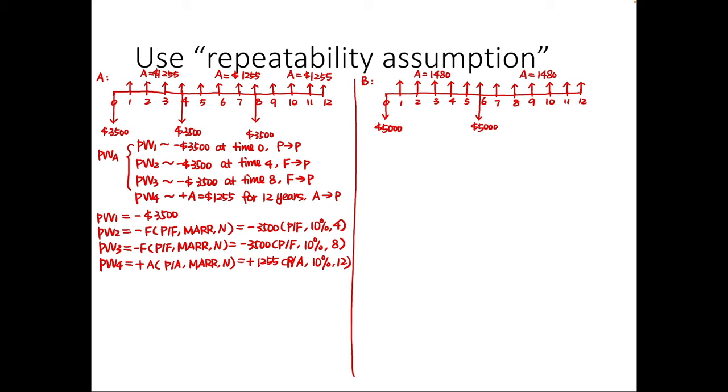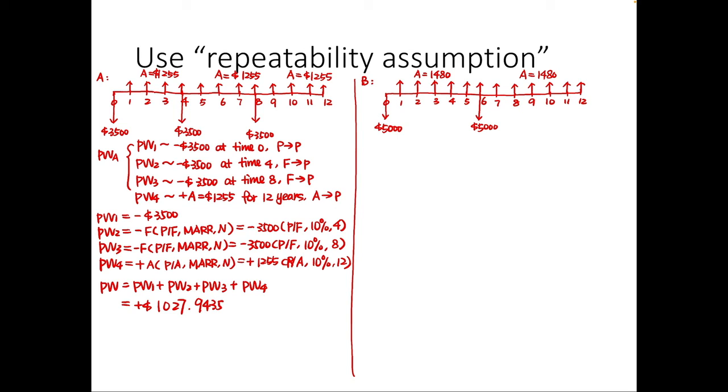Okay, so after you find out the factors and the calculation, you're gonna have the PW equals to the sum of these 4 parts. And the final result is positive 1027.9435.